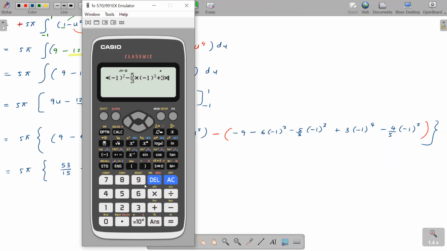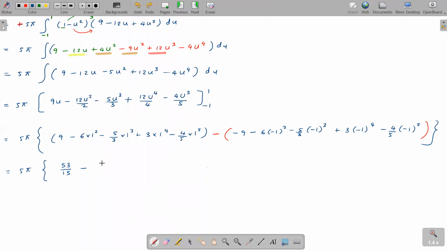And then plus 3 into minus 1 to the power of 4, minus 4 over 5 into minus 1 to the power of 5, right? Is it minus 143 over 15? So in the middle there was already a minus mark, and minus 143 over 15.